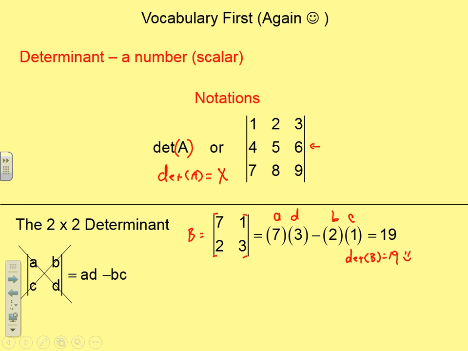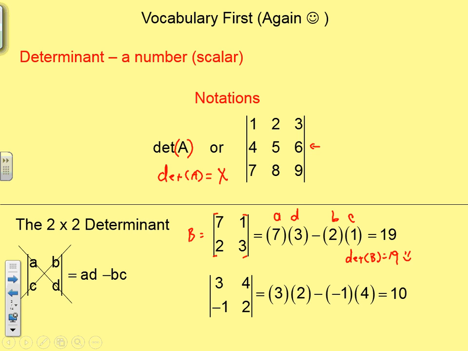Let's take another example. Here's another 2 by 2 matrix. We have 3, 4, negative 1, and 2. Again, the diagonals 3 and 2 get multiplied together, and 4 and negative 1 get multiplied together. 3 times 2 is 6, and negative 1 times 4 is negative 4, so 6 minus negative 4, which is 6 plus 4, is 10.